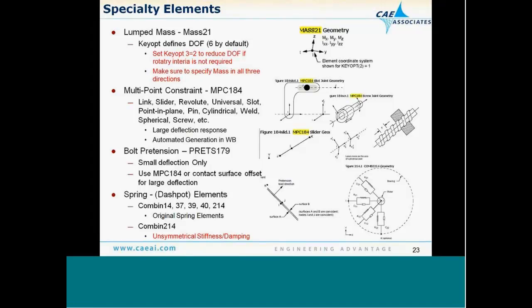As well, there are a number of different specialty elements, which can be used, for instance, for defining lumped masses, for defining a multi-point constraint, such as sliders between two parts, and maybe bolt pretension. Some people may have used that one in the past.